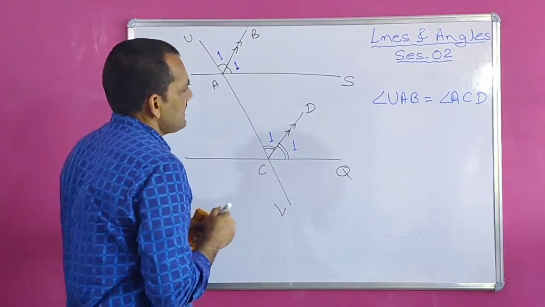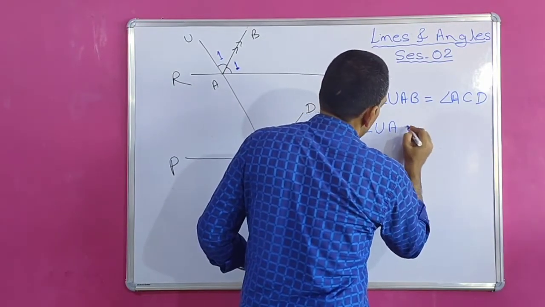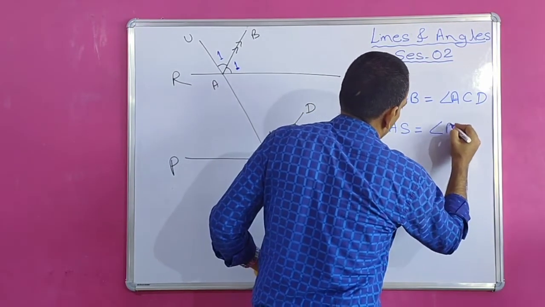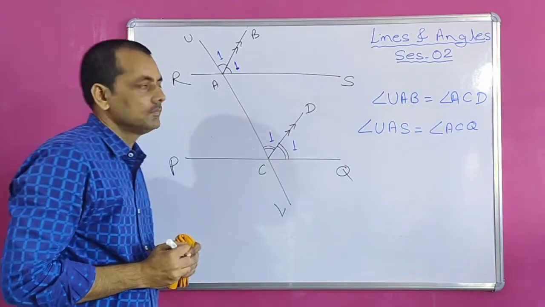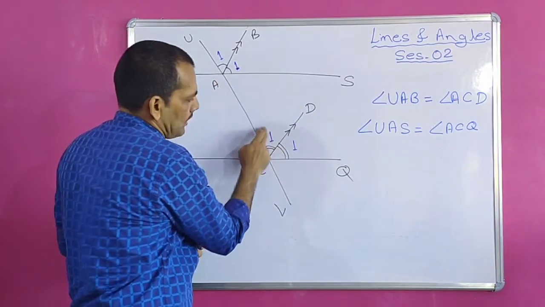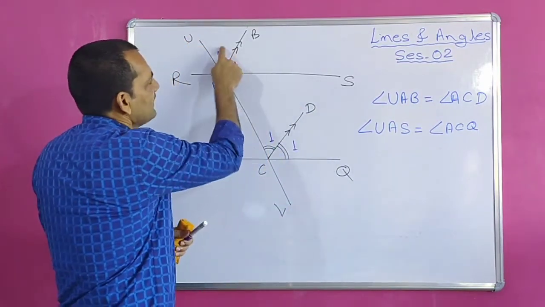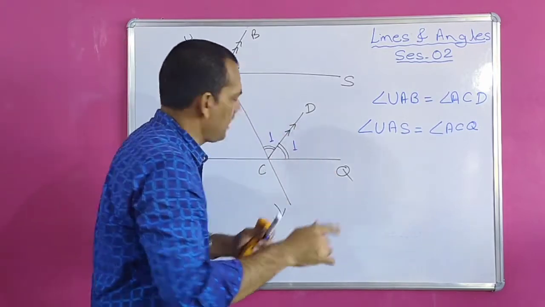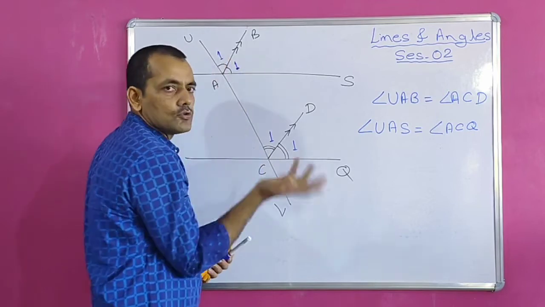It simply means angle UAS equals angle ACQ. These two angles have values 1 and 1, and these two angles are 1 and 1. So these two angles are the same, and these two angles are also the same.